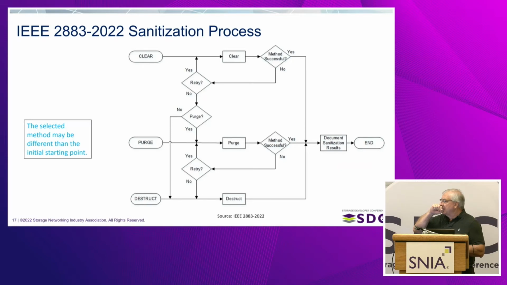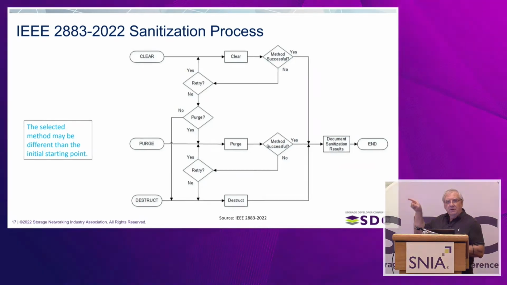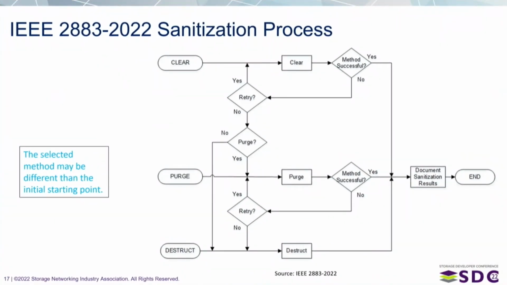This is the process that one potentially goes through, and you see clear, purge, and destruct on the left-hand side. So this is your entry point. You've made a decision, I'm going to do one of these. So let's say you start at clear, and you execute the method, and when you do the verification piece, it appears that it wasn't completely effective.